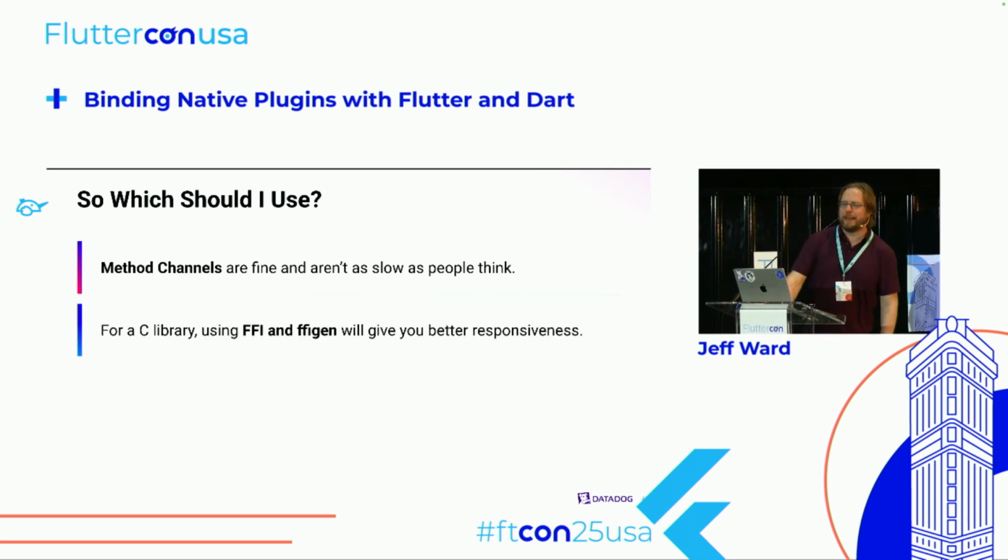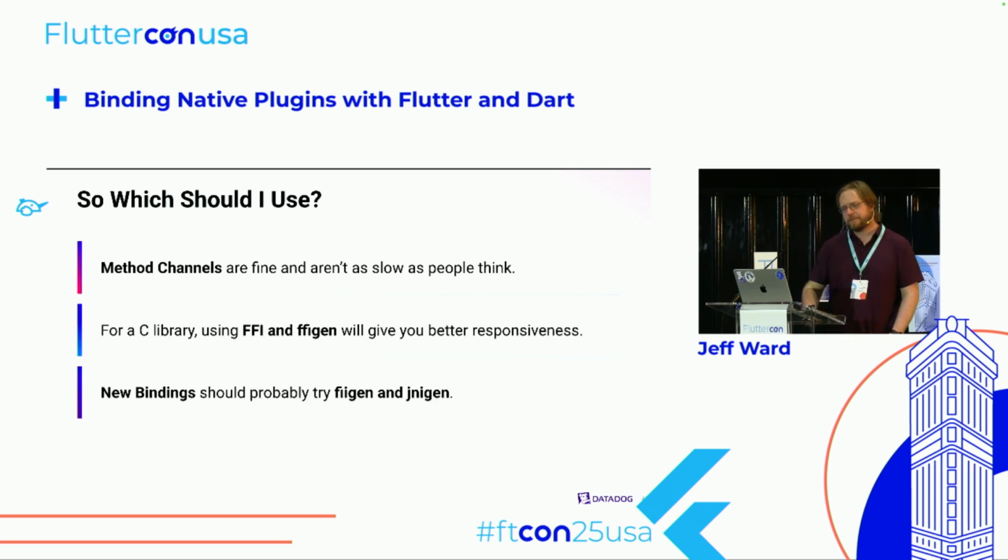But if you happen to need to bind a C library, using FFI and FFI Gen are going to give you better responsiveness. Not necessarily better performance, but definitely better responsiveness. If you're writing new bindings, you should probably start looking into FFI Gen and JNI Gen, partially because the Flutter and Dart teams want you to, partially because you'll get better performance, and partially because it's starting to get easier, especially with @native and some of the new build hooks that we saw in the previous talk about an hour ago.